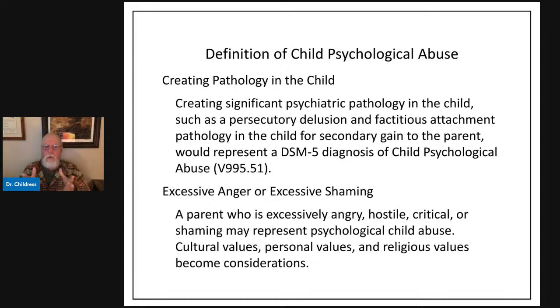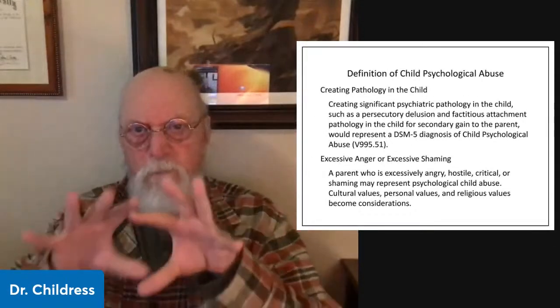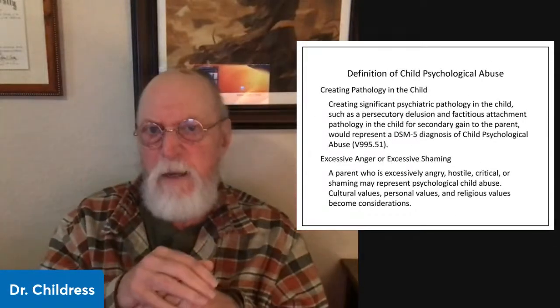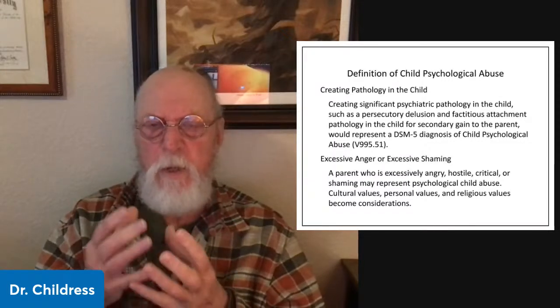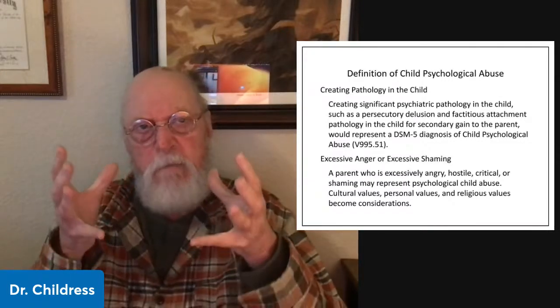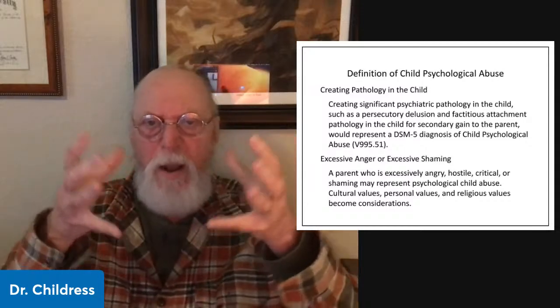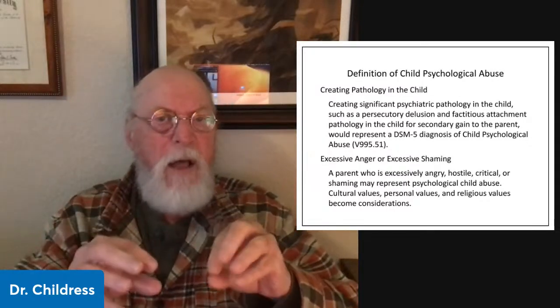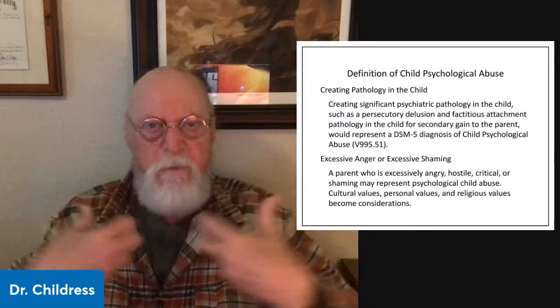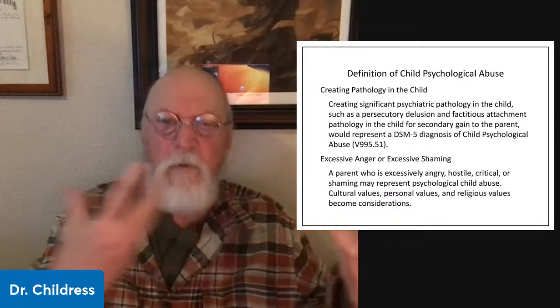However, we also have to consider cultural values, personal values, and religious values when we're considering child psychological abuse under those more broad or vague descriptions, because we want to be careful that we don't bring our value system from, like, white Northern European parenting and then pathologize parents' value systems that might be different.